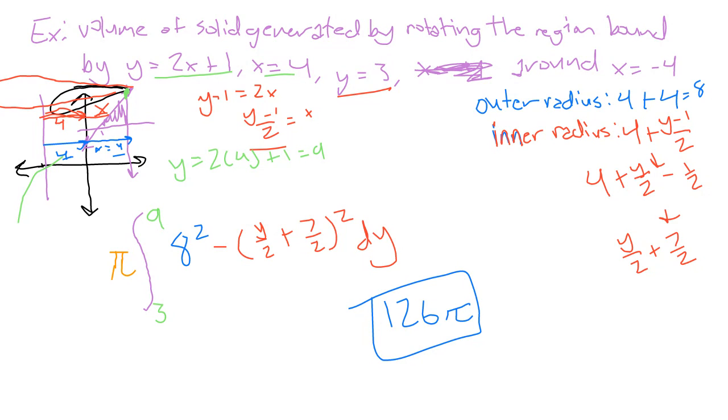All right, so now let's move on to section 6.3. So 6.3 is going to be volume by cylindrical shells.